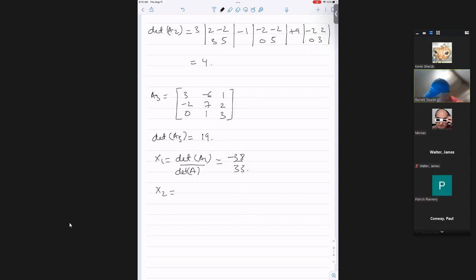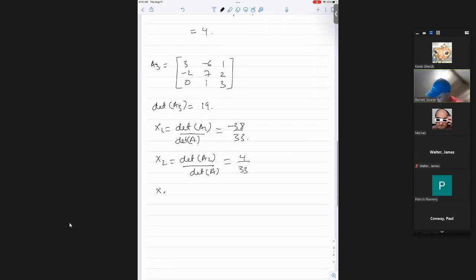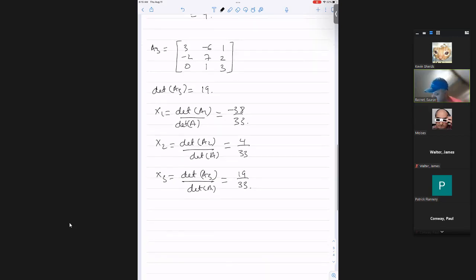And x2 equals determinant of A2 by determinant of A, that is 4 by 33, and x3 is determinant of A3 by determinant of A, equals 19 by 33. Okay, so this is your answer. So this is your x1, x2, x3.